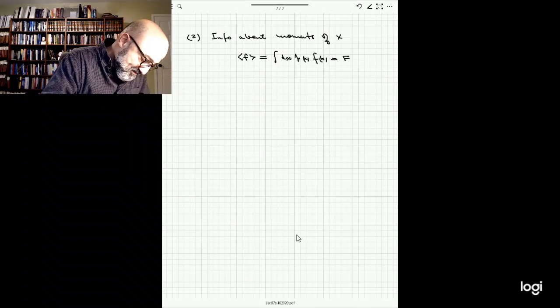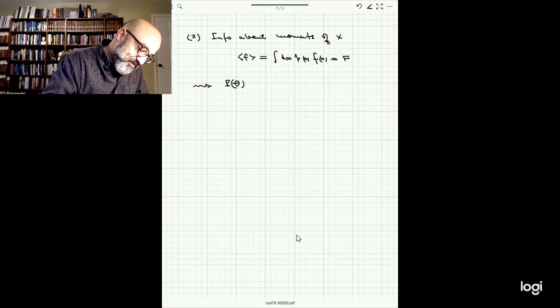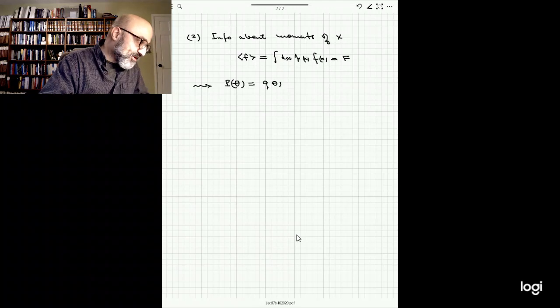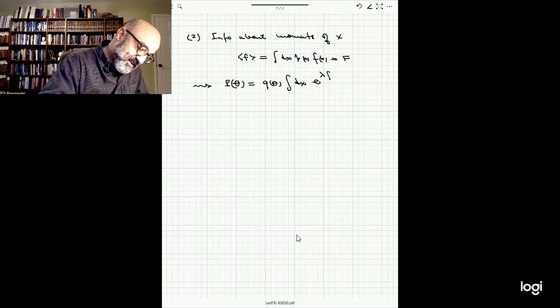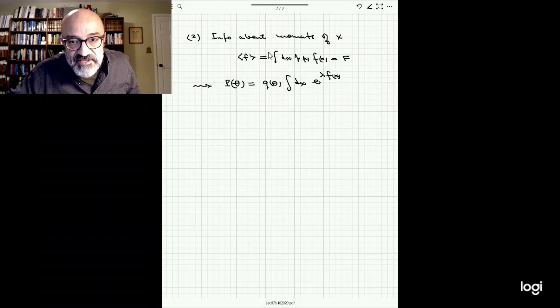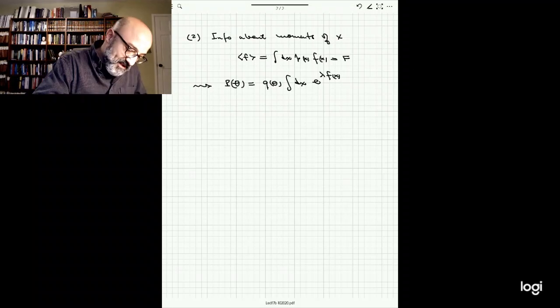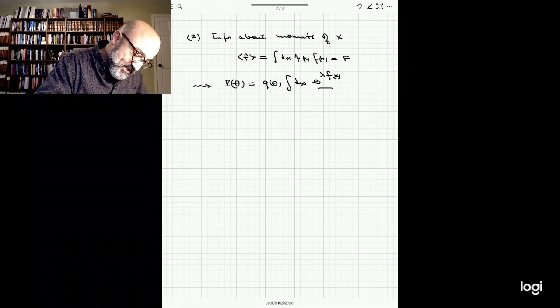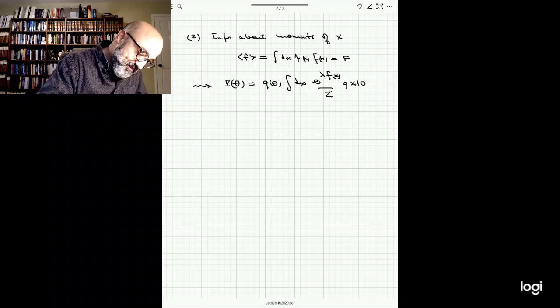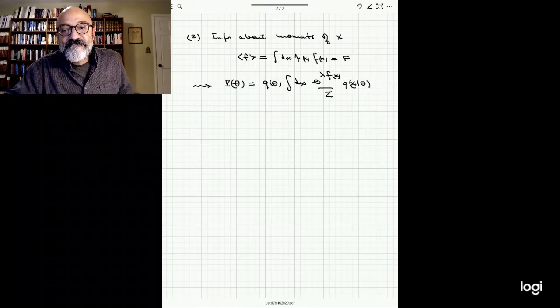This leads to something, and eventually your posterior is given by a prior, and then there is some funny sort of integral that involves the Lagrange multiplier associated to that constraint with some normalization factor, and then here we have the likelihood function.